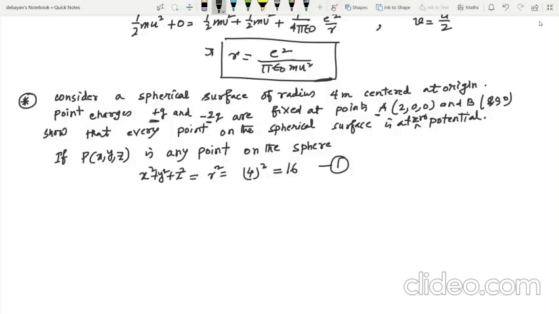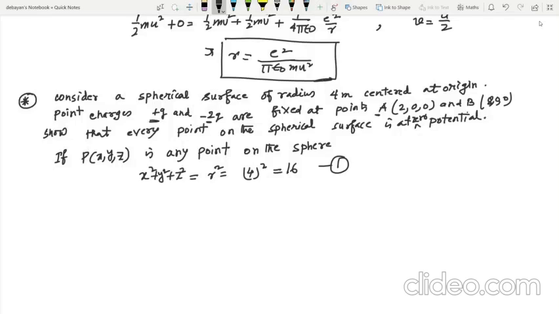After simplification, for the distance PB we get x minus 8 whole square plus y square plus z square, which becomes 80 minus 16x, and PA squared becomes 20 minus 4x. So what is the potential difference?